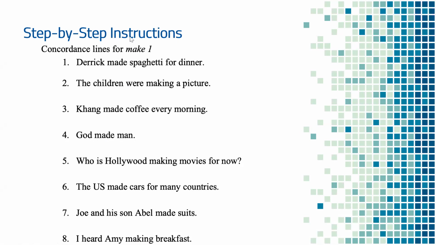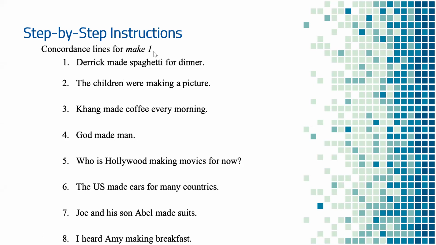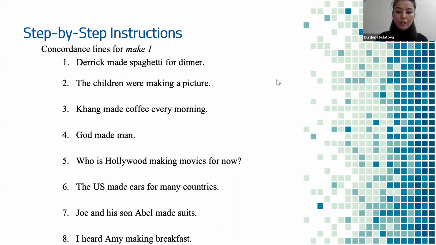I can see now, for example, in sentence number 1, number 2, number 3, number 4 as well. So what part of speech comes after make or made? Nouns. Nouns, yeah, exactly. Nouns, thank you. So they also told nouns.